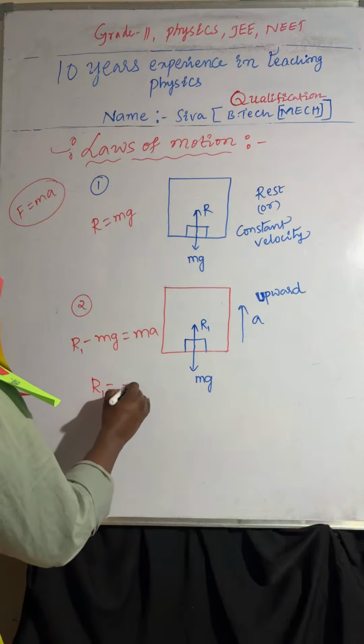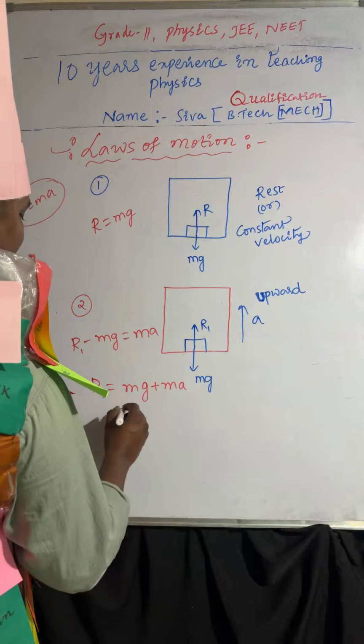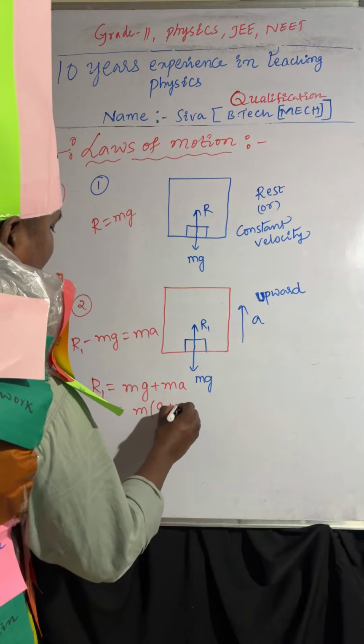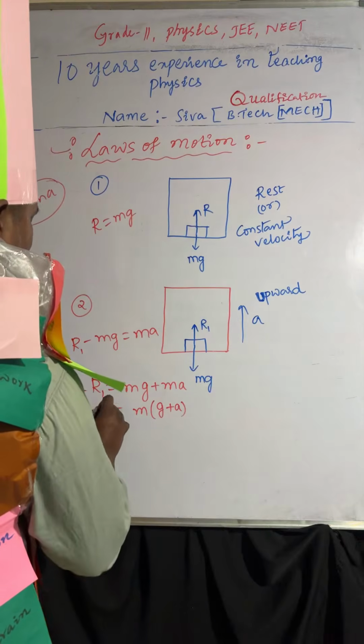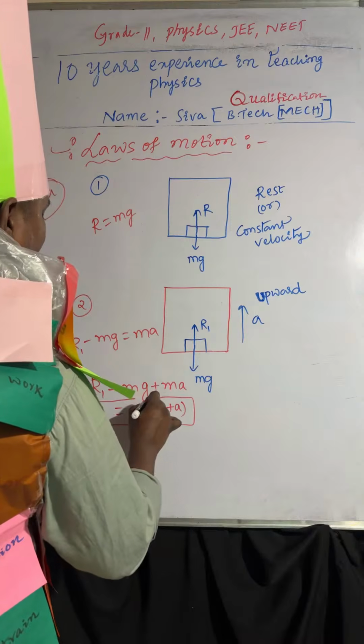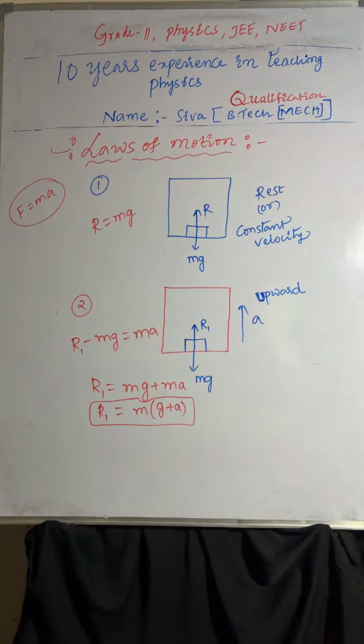R1 equal to mg plus ma, that is equal to m, taking common, g plus a. So when the lift is moving upward, the apparent weight will be more than the actual weight.